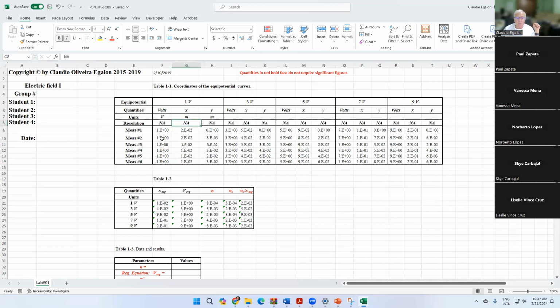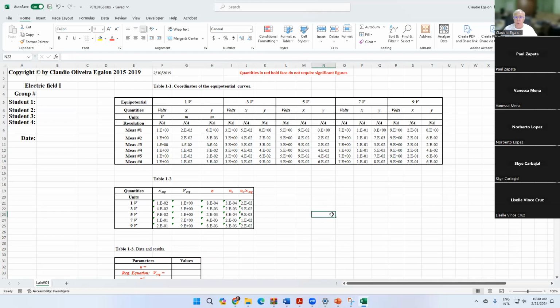It's all in meters. Notice that the units here are volts, meters, and meters, right? And then we have the Y coordinates as well, okay? Y coordinates are 0, 0.00, whatever, and so on, okay?